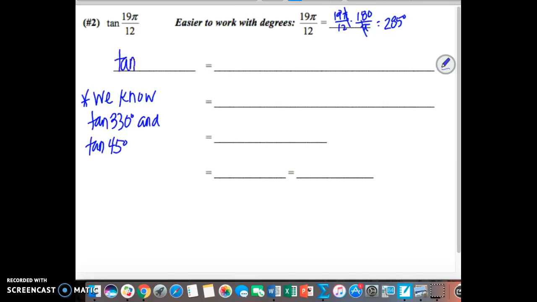So tangent of 330 degrees minus 45 degrees is equal to tangent of 19 pi over 12. Using our formula, we have tangent of 330 degrees minus tangent of 45 degrees, all divided by 1, and now we're adding, we have a sign change, so 1 plus tangent of 330 degrees times tangent of 45 degrees.